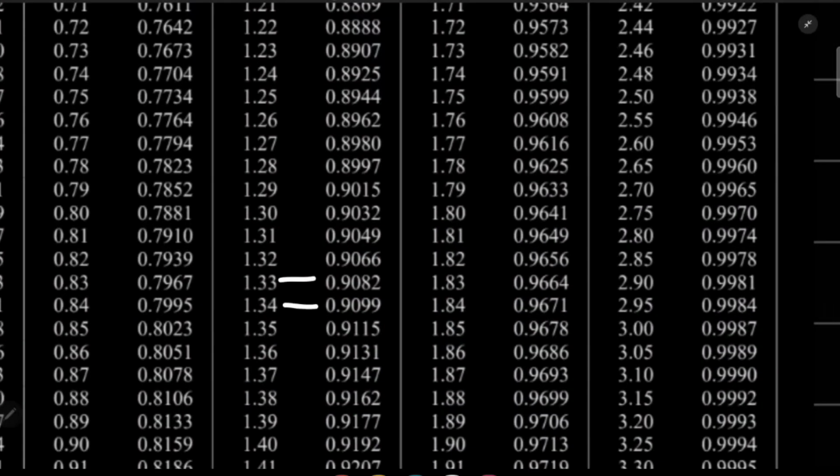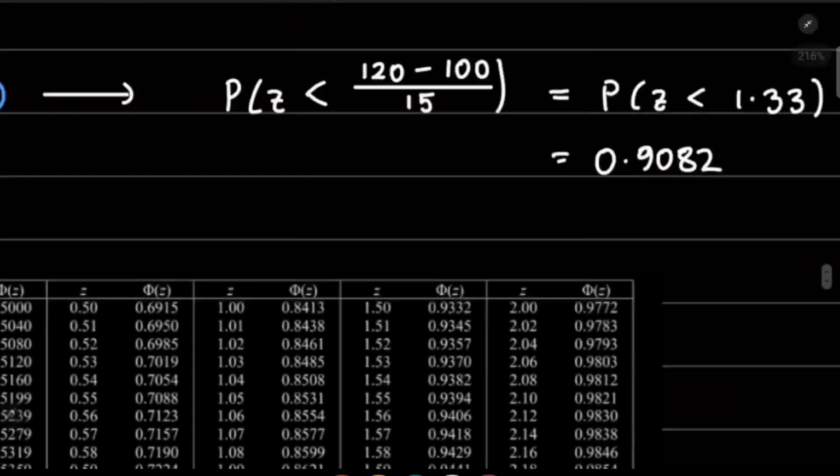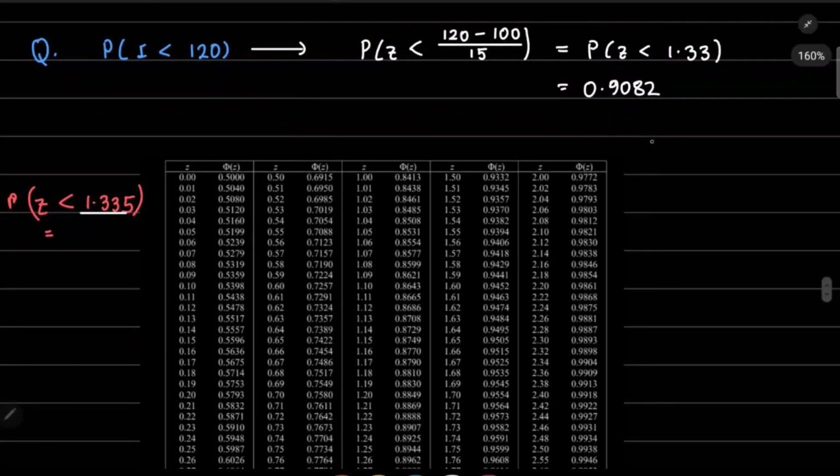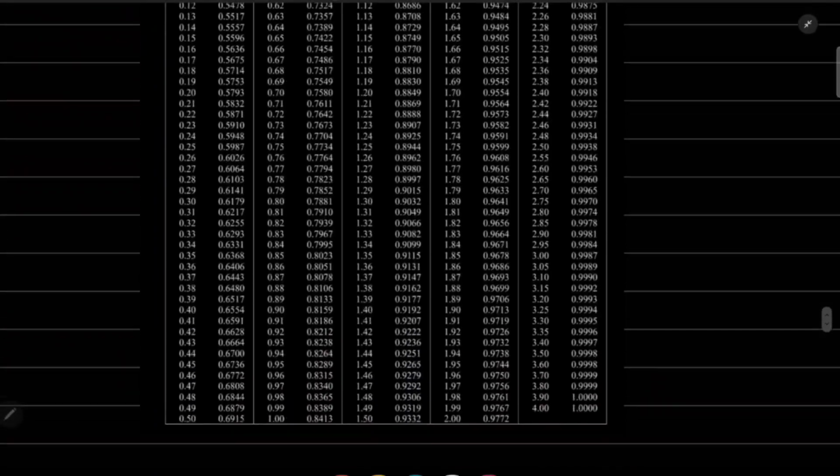I don't have 1.335. It's exactly in the middle. So if I have to find a probability such as z less than 1.335 or less than 1.334 or less than 1.336 or around, I'll have to find the average of the values.